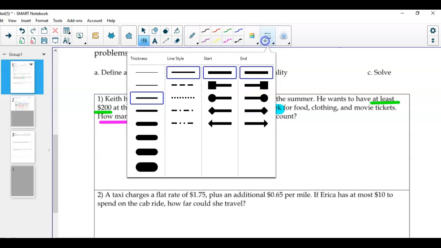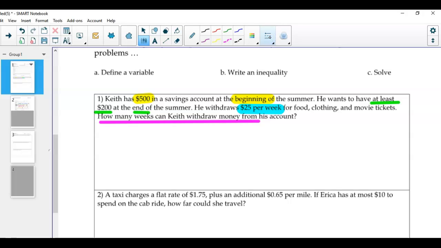A couple things we need. First, we need to define our variable. Because we're looking for how many weeks, I'm going to use W. This is going to be what we don't know, the number of weeks. And then we need to put all of these numbers together. We know he starts off with $500.